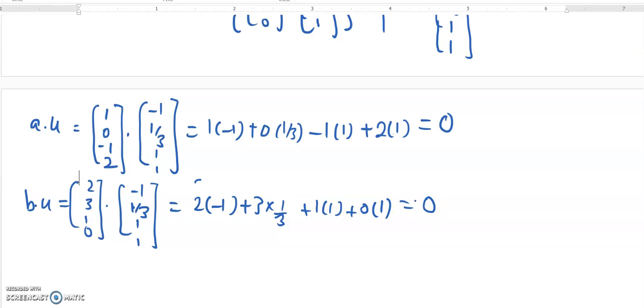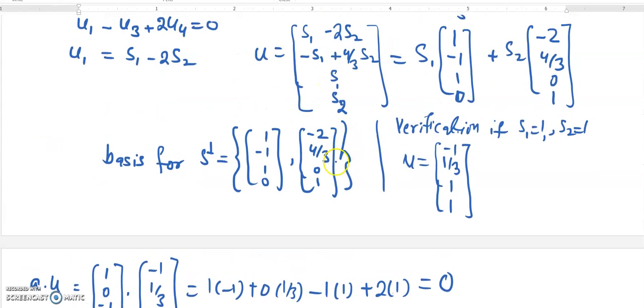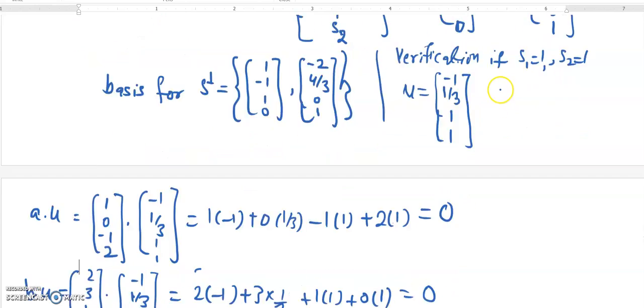So it is 0. It means that we have verified that U is orthogonal to both A and B. In this case, the final answer for us is the basis for this vector U, which is the S perpendicular. So the basis is these two component vectors, with S1 and S2 as the free parameters.